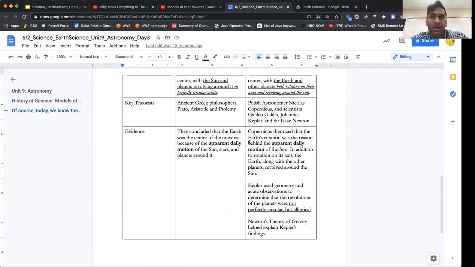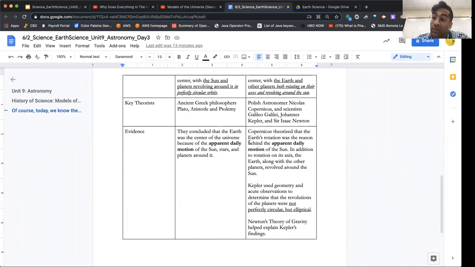Now, how could that be if we're all traveling in perfect circles around the sun? So Kepler was the first to begin to do calculations to determine the eccentricity of orbits. And he concluded that the orbits of the planets around the sun were not perfectly circular, but they were elliptical.